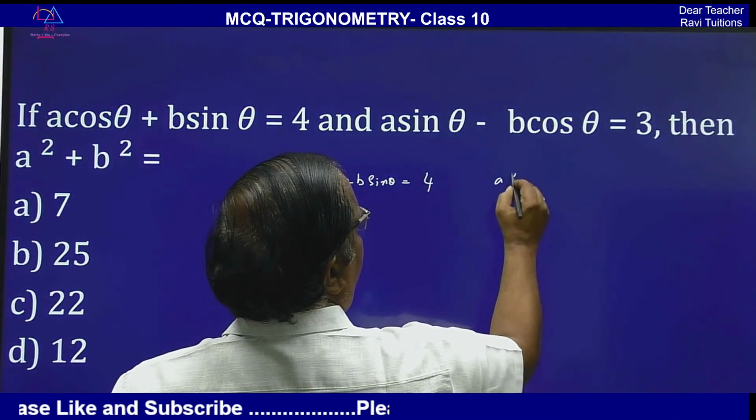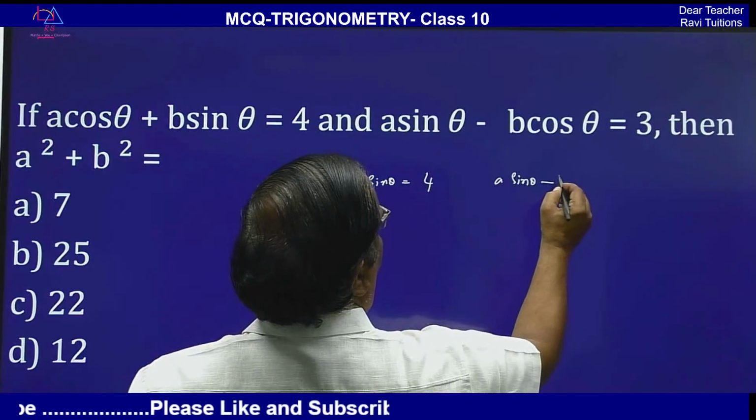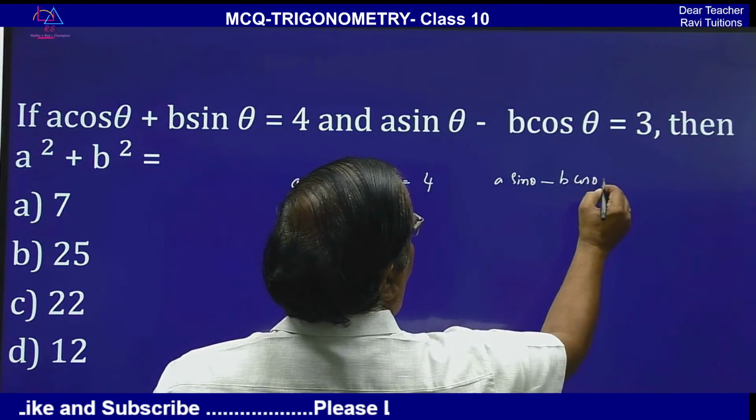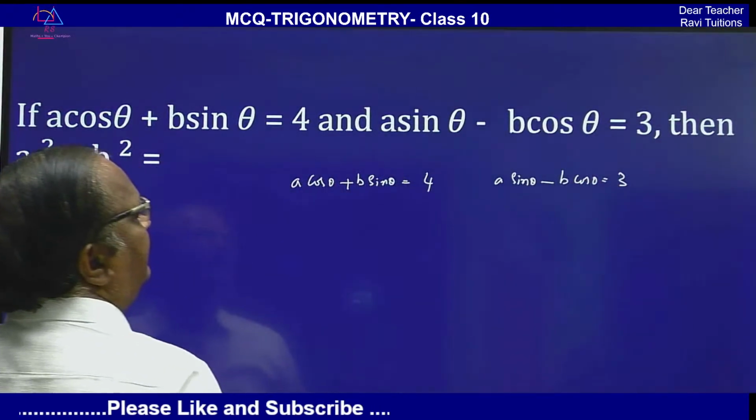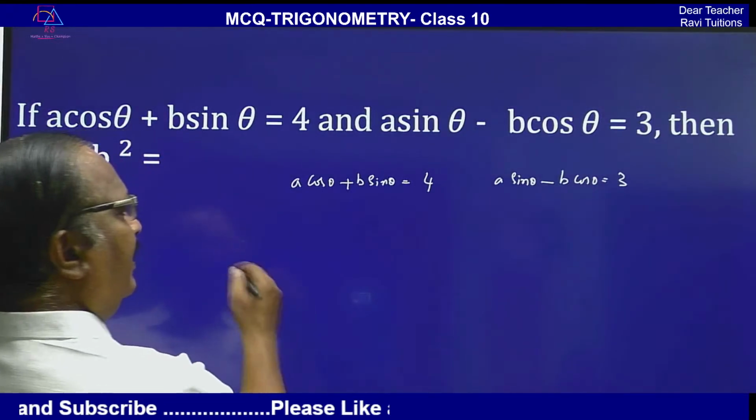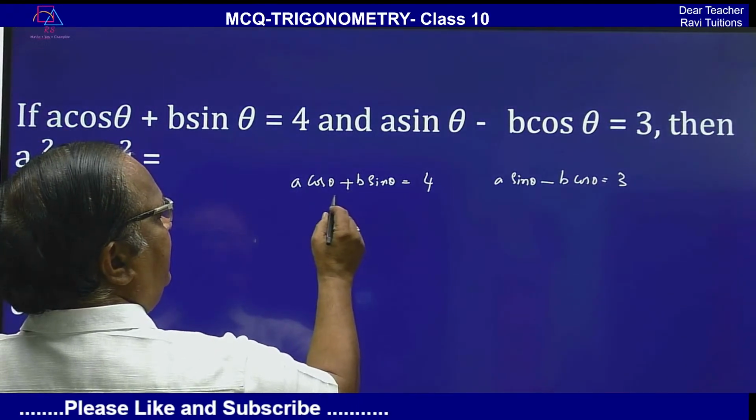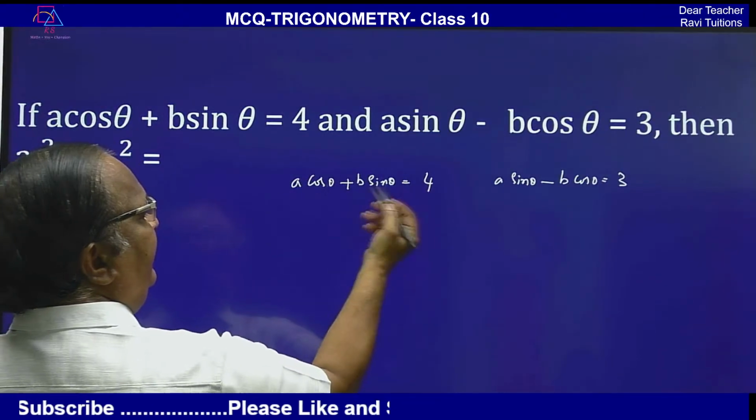A sin theta minus b cos theta is equal to 3. Now 2 equations, because 2 equations are there, you can solve a and b.